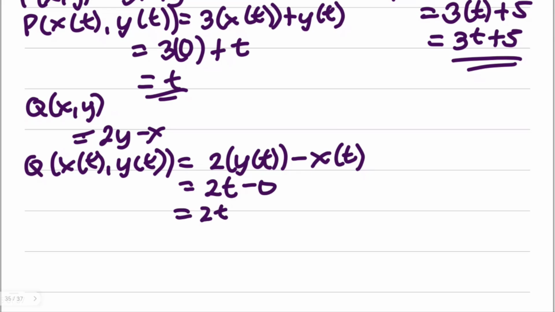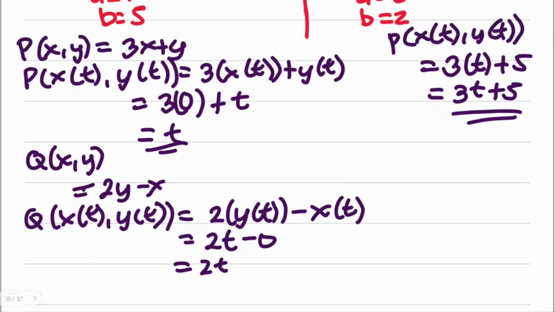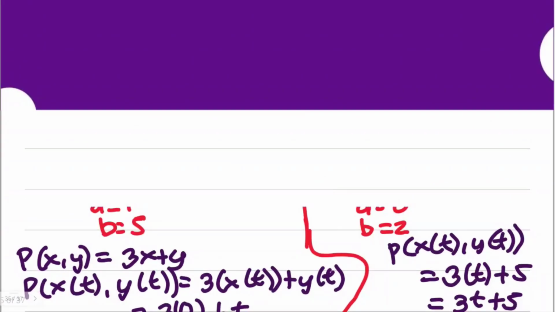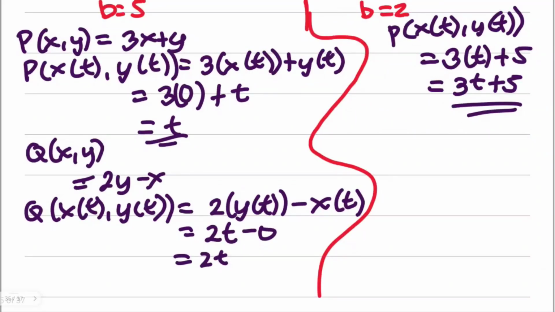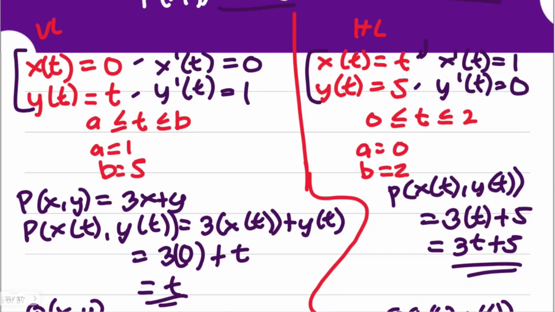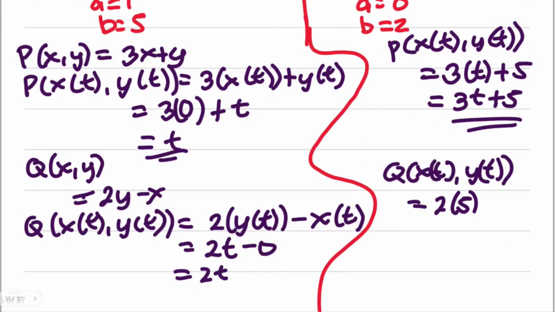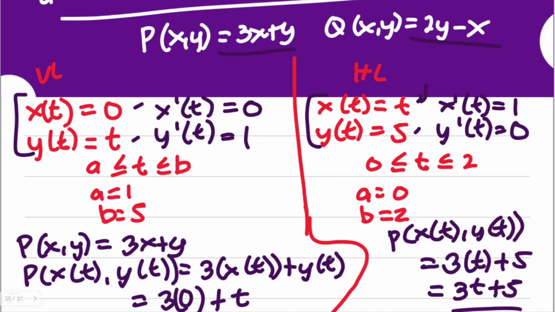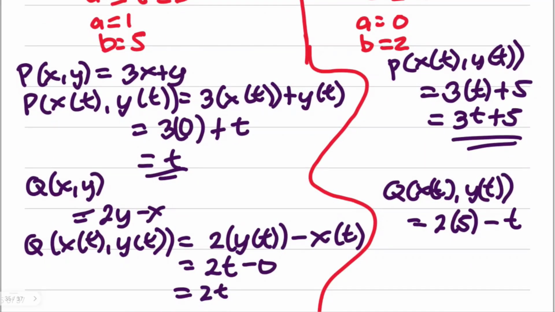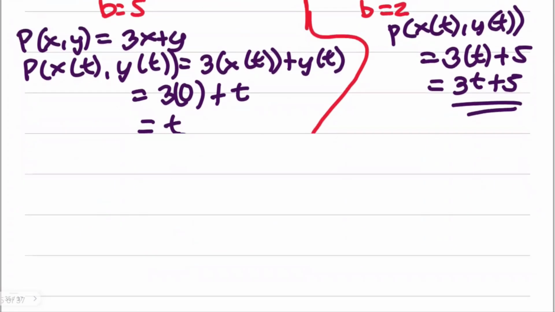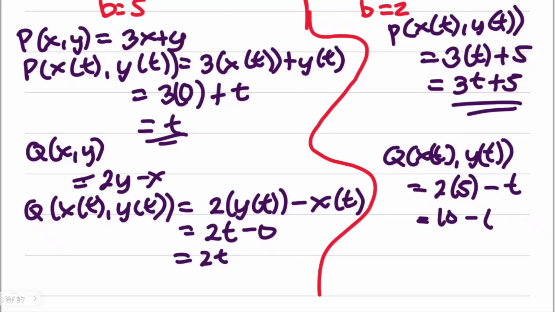This is just for this portion here. But for your second one, which is the horizontal line path, your q of x of t and y of t, instead of 2y minus x, your y is 5. So 2 times 5 minus your x, which is t. So this is actually identified as 10 minus t.